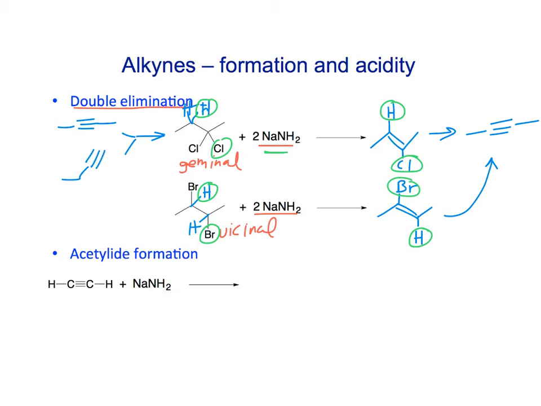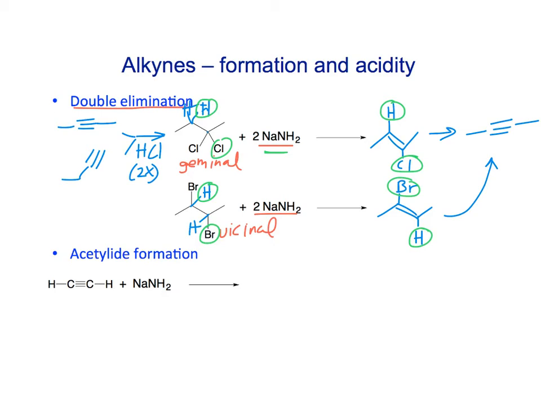So it would add HCl 2 times, right? Follow Markovnikov's rule to put the 2 chlorines at that position. We do the double elimination, and look, what we've done is migrate the alkyne from the end to the middle. So that's something could be useful.